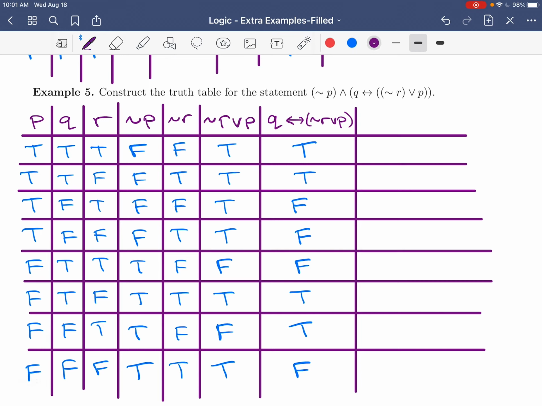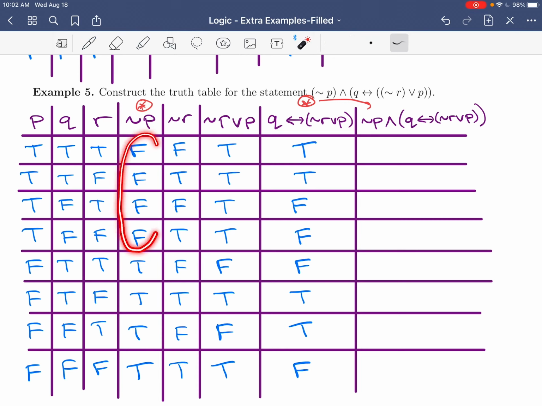Okay, and then lastly, I want not P and the column we just did before. So this column and this column are for here. And I need them both to be true. So again, the first 4, we know not P is false. So I immediately know that this is false.